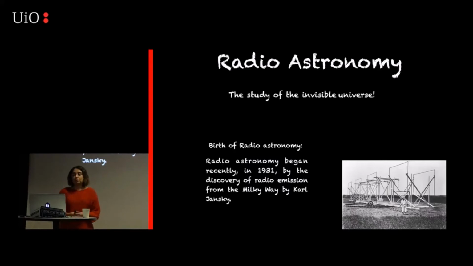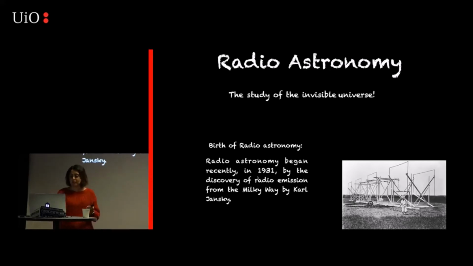Radio astronomy is a relatively new branch in astronomy, which began in 1931 when Carl Jansky accidentally discovered the radio emission from the Milky Way. He was an engineer working for Bell Telephone Company in the US, and he accidentally discovered some noises.